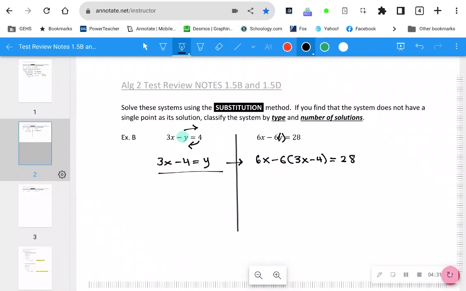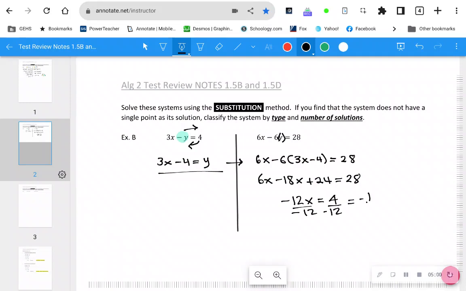So we'll distribute here. 6x minus 18x plus 24 equals 28. Collecting like terms first and subtracting 24 off both sides takes me to that point. Dividing by -12 here finishes the job for the x.